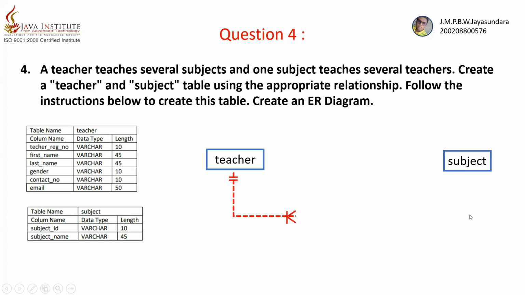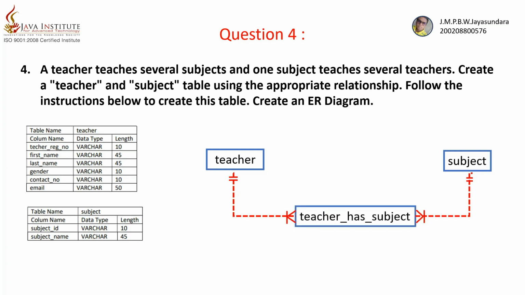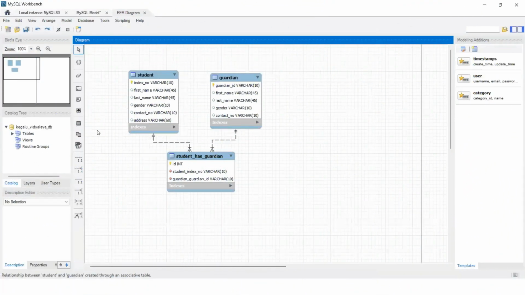As we know, we can't keep a many to many relationship in our database, so it's going to automatically convert into one to many relationships using a third table as teacher has subject. So let's go and create this. First we need to create our teacher table.